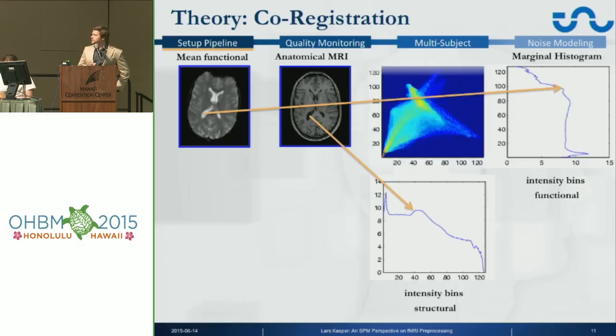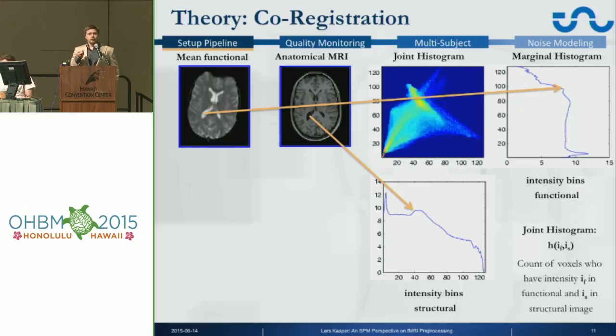If you put a joint histogram, which actually takes for every voxel its intensity in the T1 and in the T2 weighted image, you come up with a plot which looks like that, and our voxel will be put at this position because it has a very high intensity in the T2 weighted and a very low intensity in the T1 weighted image.